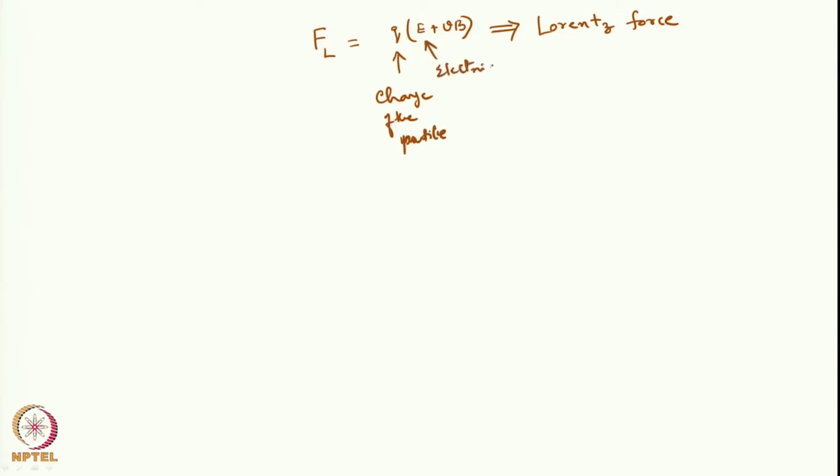And Lorentz force F_L is equal to q times (E plus v cross B), where q is the charge of the particle, E is the electric field, B is the magnetic field, and v is the velocity of the particle.